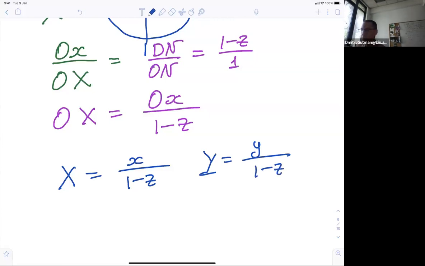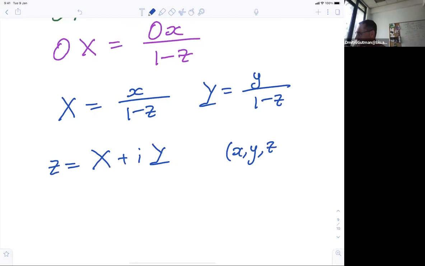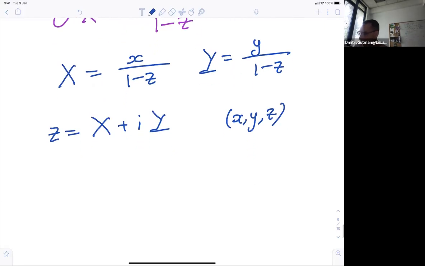So these are the coordinates X large and Y large. On the complex plane, we have the number X capital plus i Y capital for a point x, y, z on the unit sphere. And I can invert this transformation.